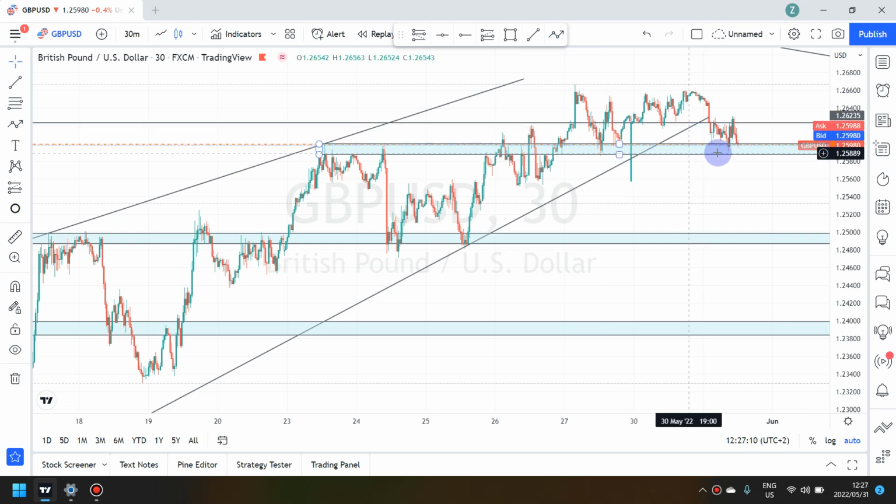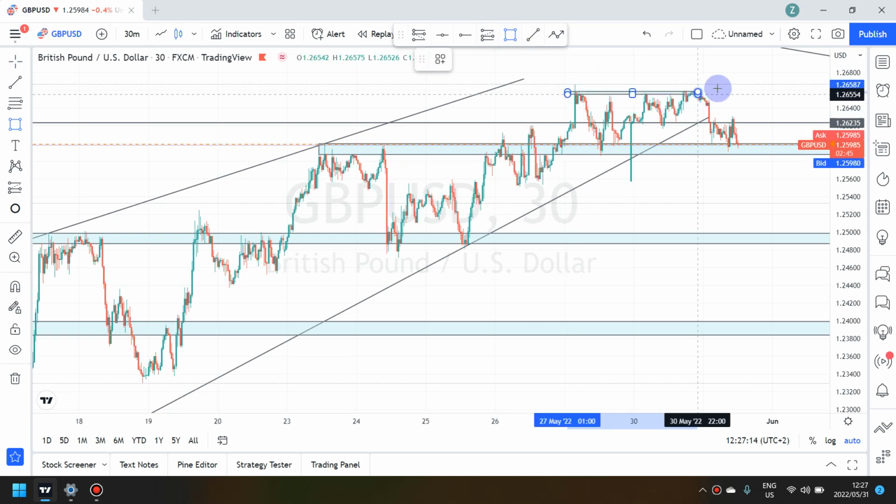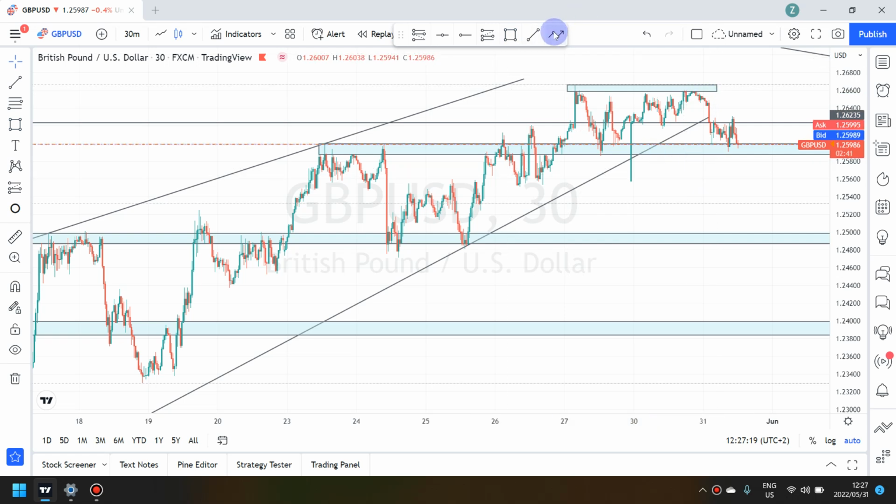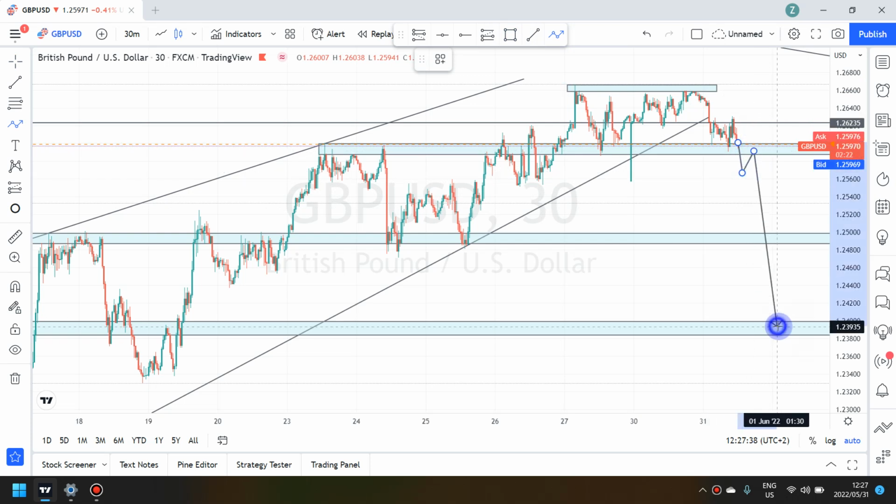So yes, the market has a higher chance of selling. I also want to cater for this as my double top. No, it's not. So yes, as I said, the market can break out and retest, and we should look for sales once the market breaks out and retests.